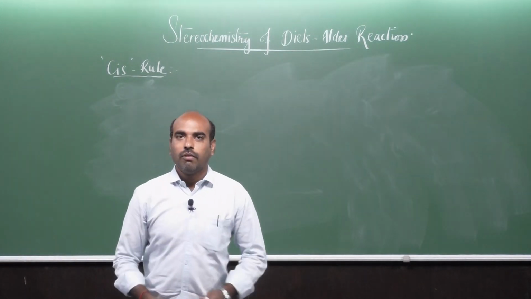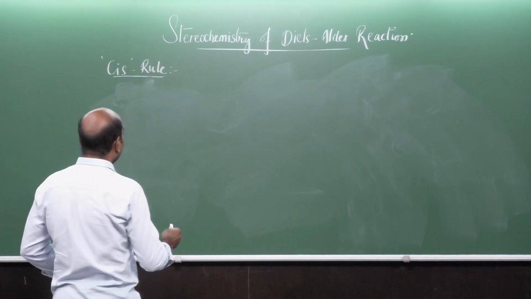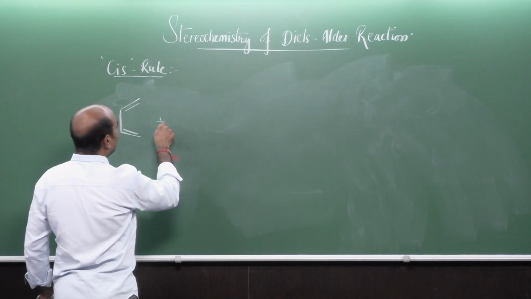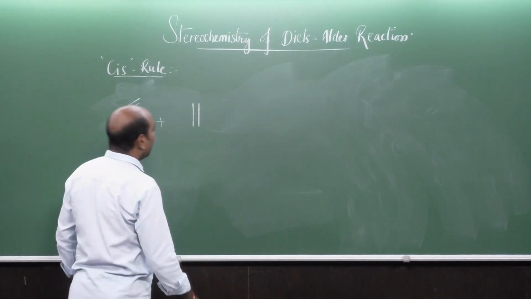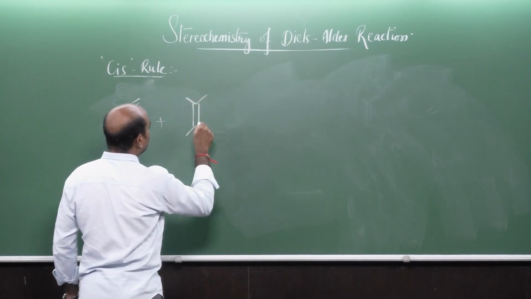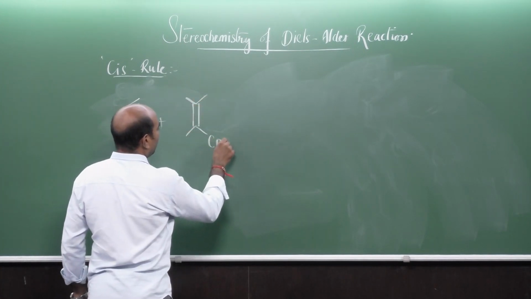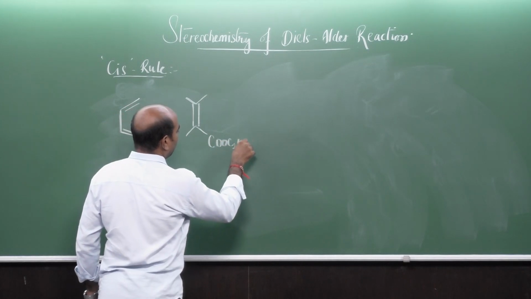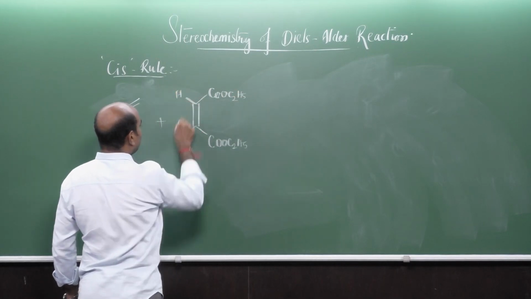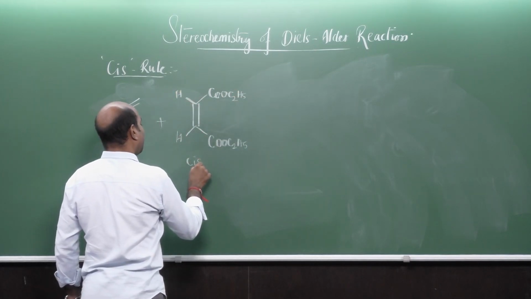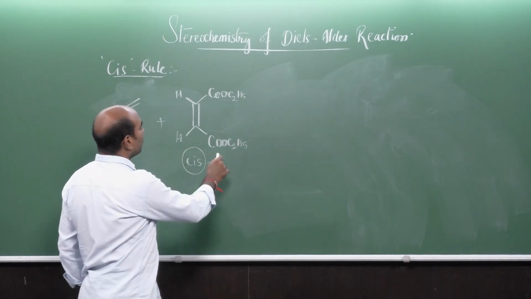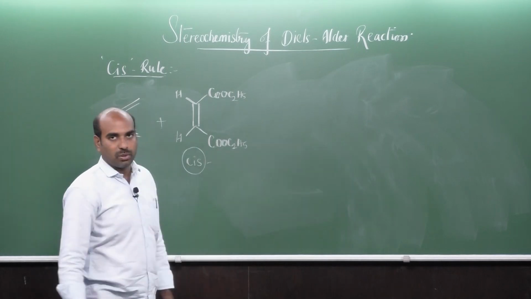So, then what about the dienophile? If you have a diene, right, and if you have a dienophile, so the dienophile, if it is having some stereochemistry, COOC2H5, COOC2H5, let it be. So, this is a cis dienophile, where the bulky groups are on the same side, high priority groups are on the same side.